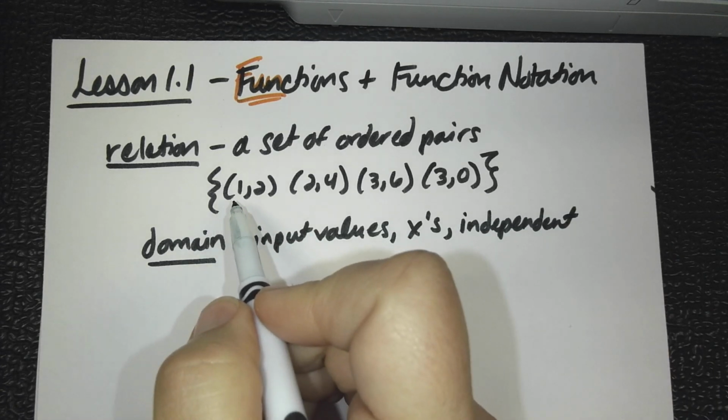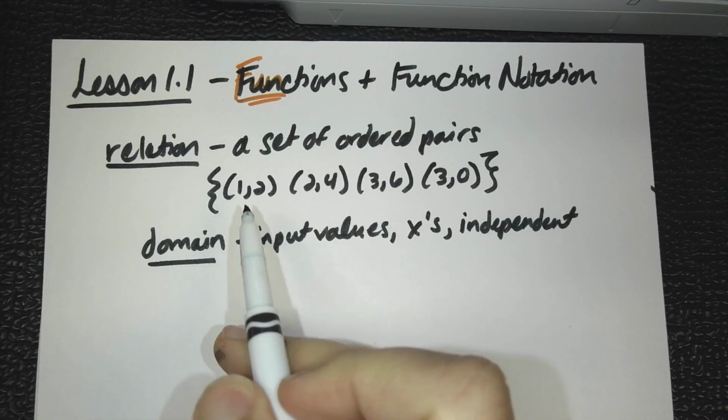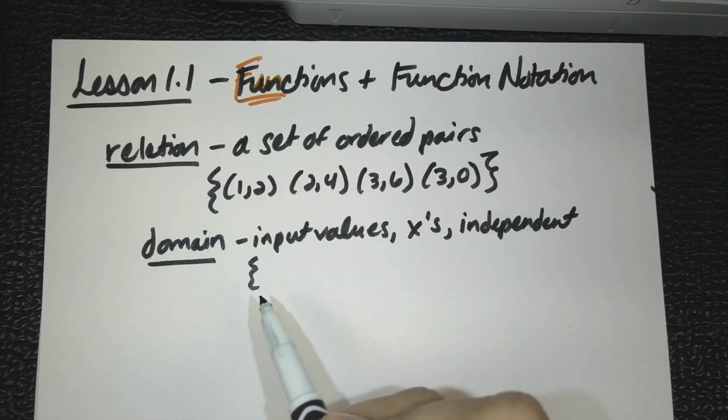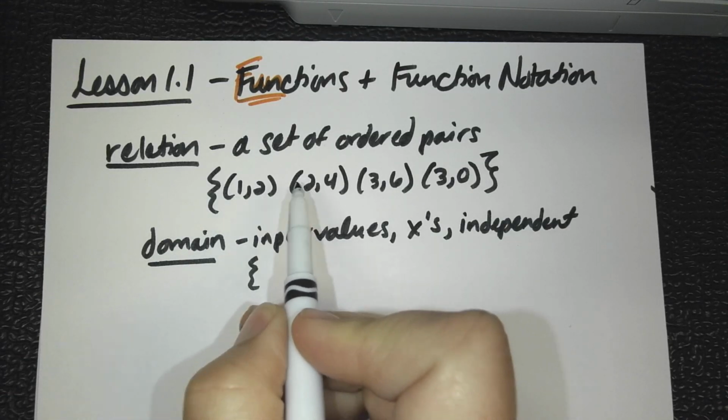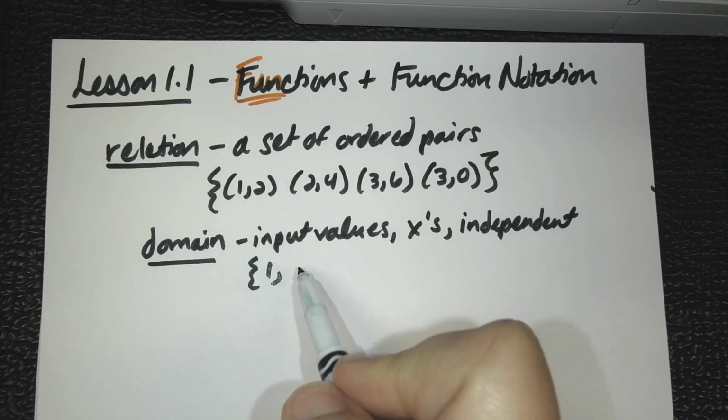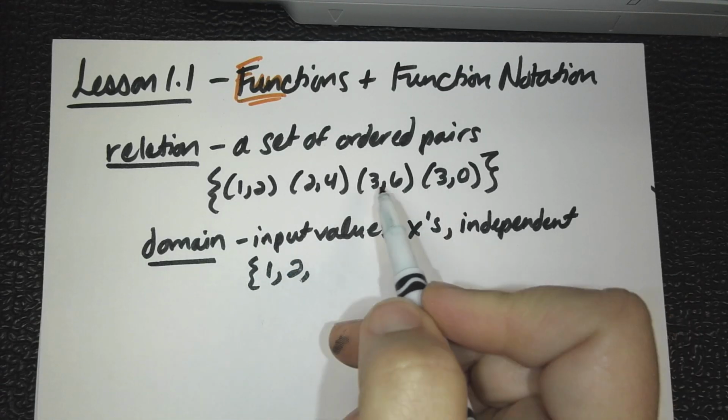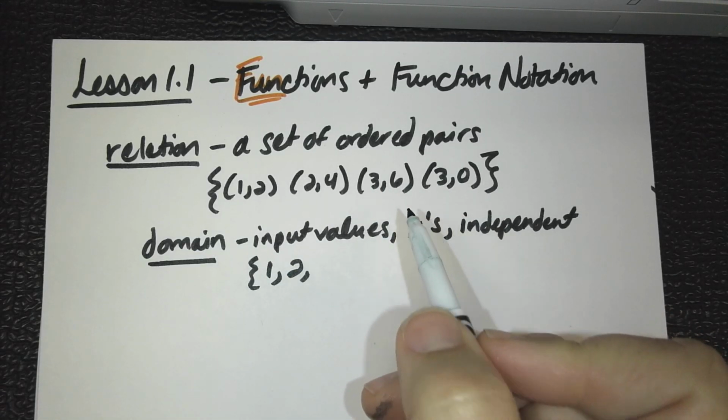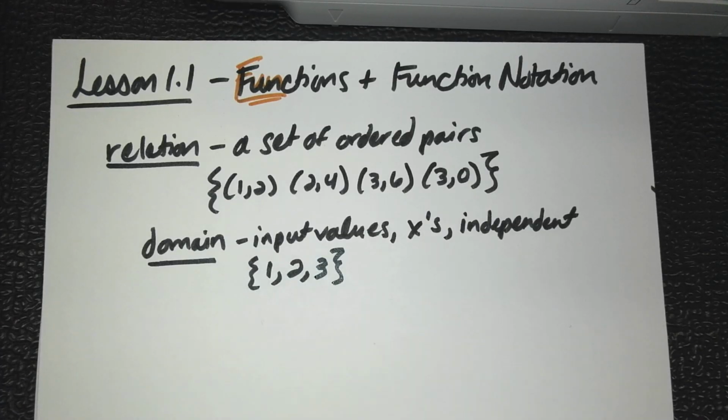Your domain here would be written in set notation, listing just the x's. I would write 1, 2, and I wouldn't write 3 twice because that would be redundant. So I just write 3. 1, 2, and 3, those are my domain. That's my x's.